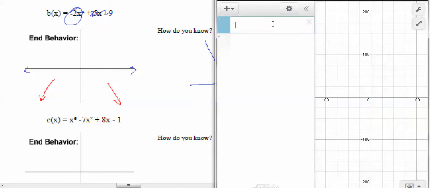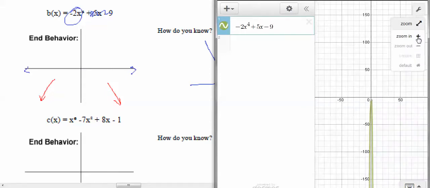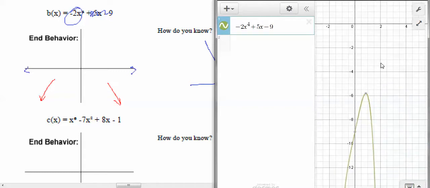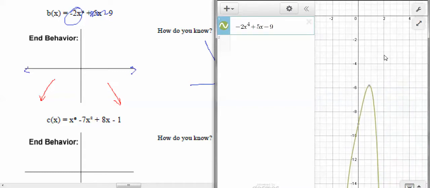So I'm arguing with you that negative 2x to the fourth power plus 5x minus 9. All right, let me zoom in a little bit. There we go. It almost looks a little funky, and it's got this extra little bump over here.